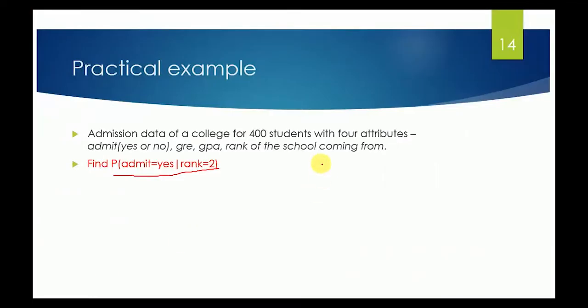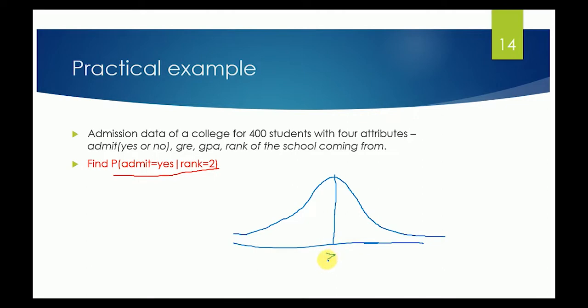Now you must be wondering what this mean and standard deviation is. This is nothing but the mean and standard deviation in the case of a normal distribution. You know what a normal distribution is. In a normal distribution, we generate a curve like this, which is equally shaped on either side of Z equal to 0.